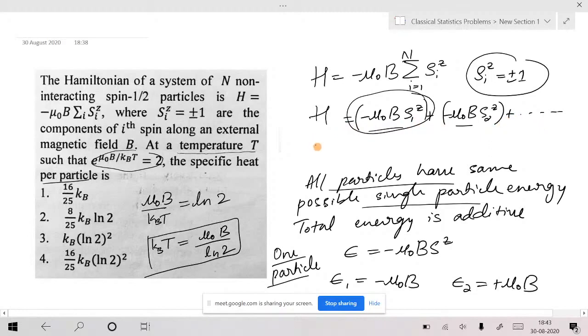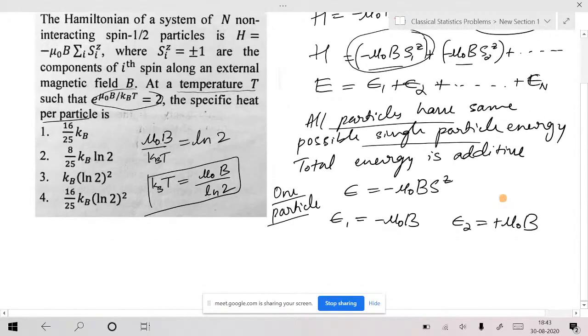So that is the idea. I can write my total energy E for n particles as E_1 plus E_2, and so on up to E_n, is that okay? Where my E_i can be plus or minus mu naught into B, that you can see here.